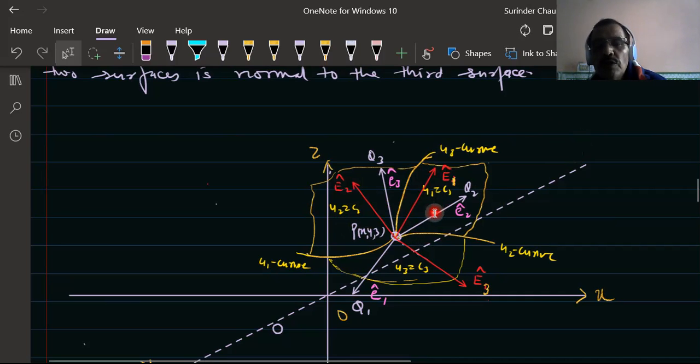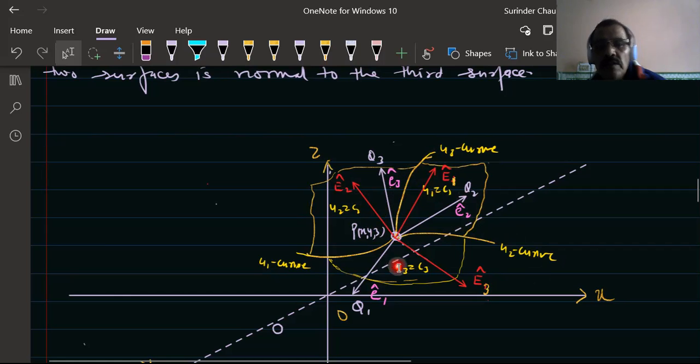Now we'll discuss this. E1 is along the tangent to the U1 curve, and E2 is along the tangent to the U2 curve, and E3 is along the U3 curve.